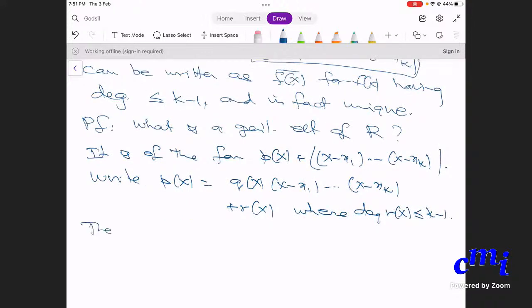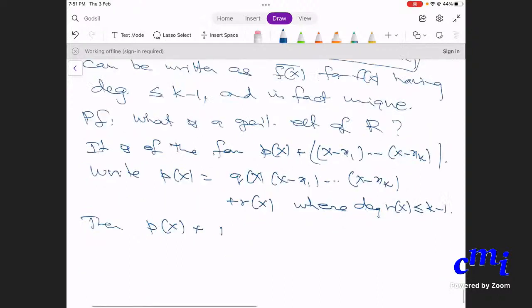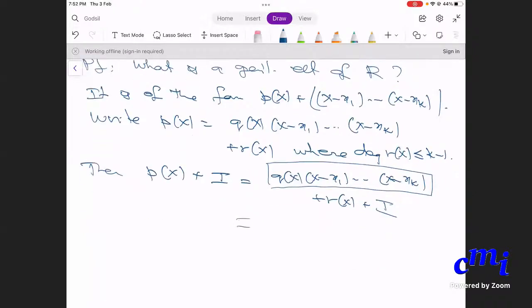And then observe that p(x) plus I, if I call this ideal I, is q(x)(x minus x1) up to (x minus xk) plus r(x) plus I. But notice that this whole term belongs to I, because (x minus x1)(x minus x2) up to (x minus xk) belongs to I. So this is equal to just r(x) plus I.